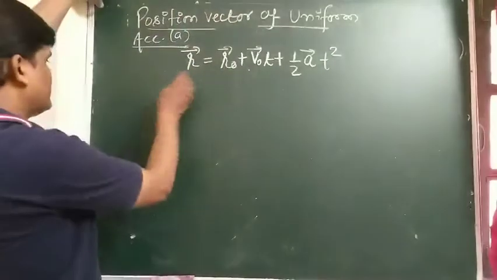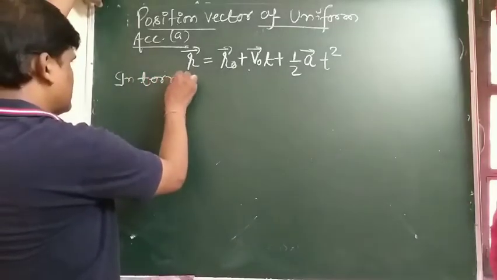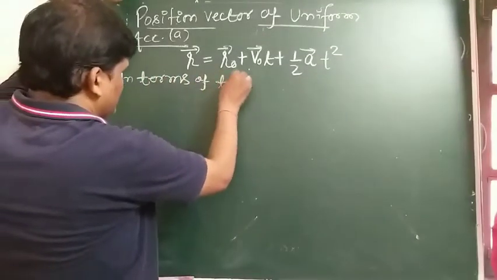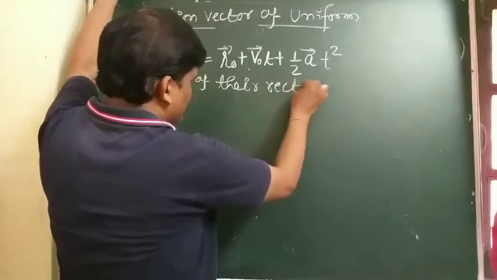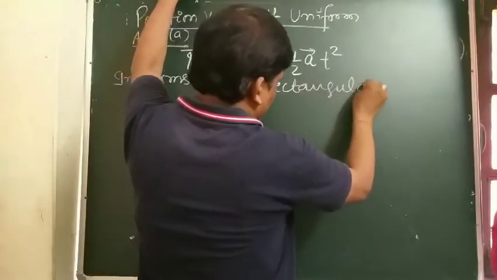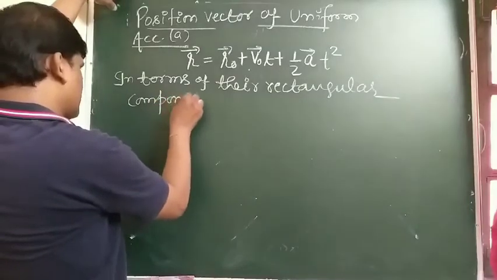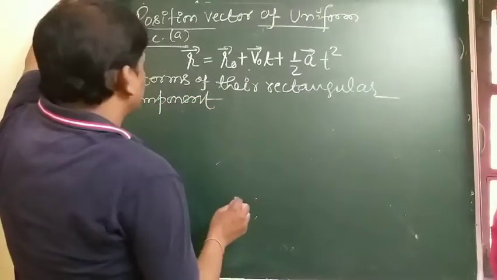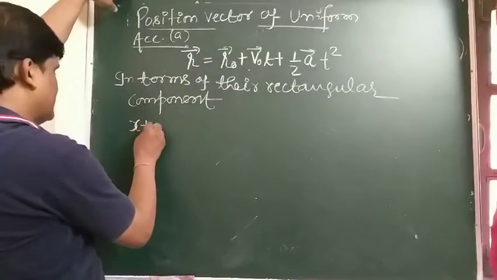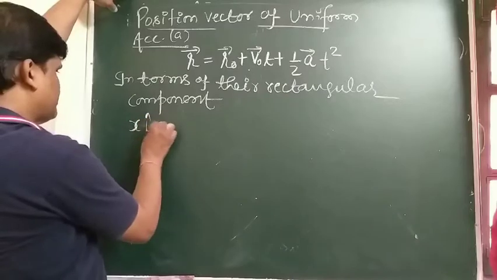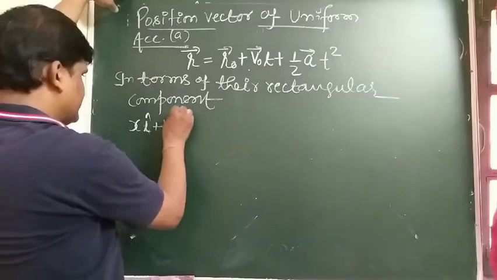In terms of their rectangular components, the position vector R can be written as x i cap plus y j cap.